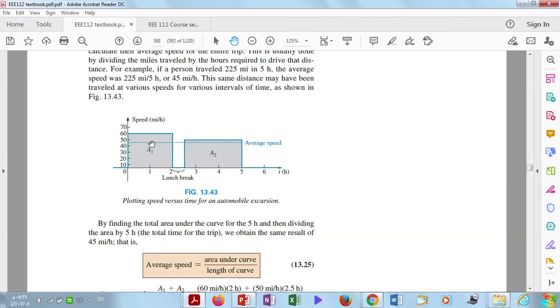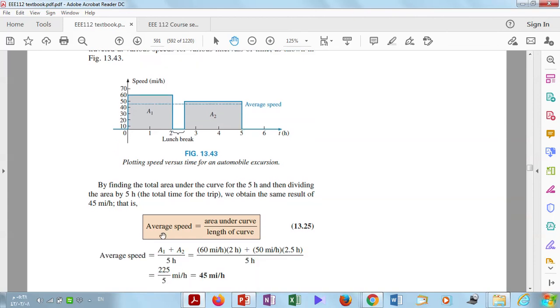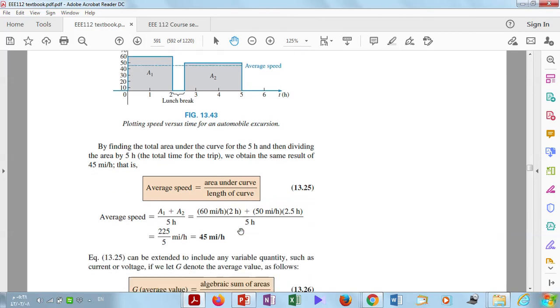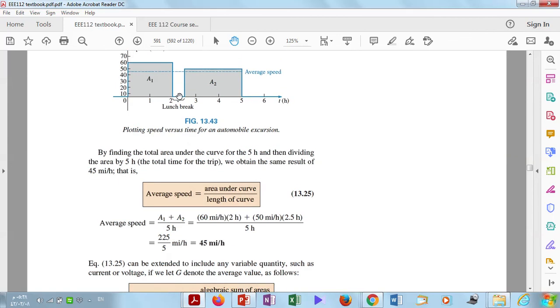We need to calculate the area here and the area here, add them, and divide by the total period. The average speed equals the area under the curve divided by the length of the curve. Area 1 equals the height 60 and the width 2, so 60 multiplied by 2. During this half hour the speed was 0, so no need to write it.